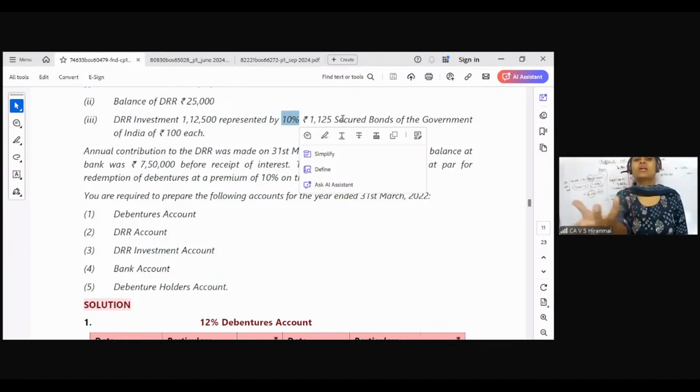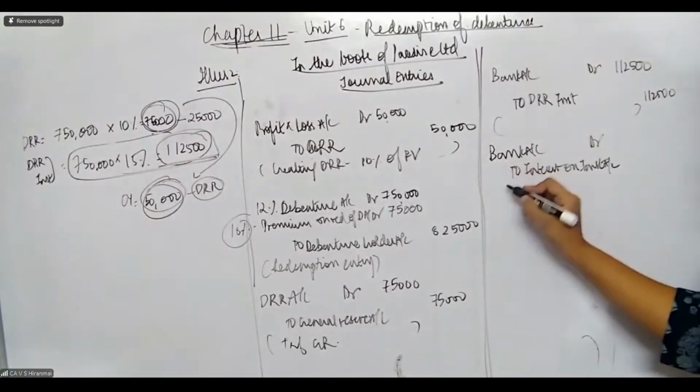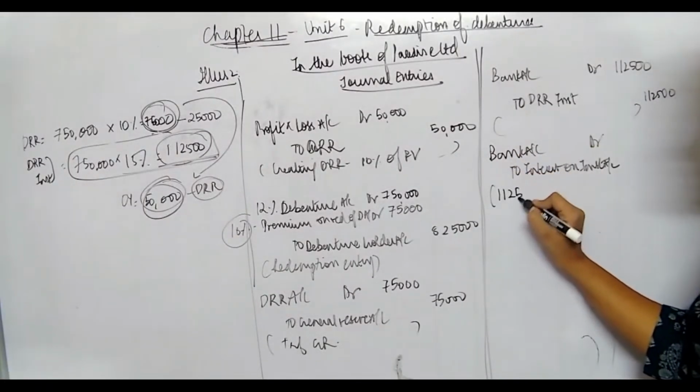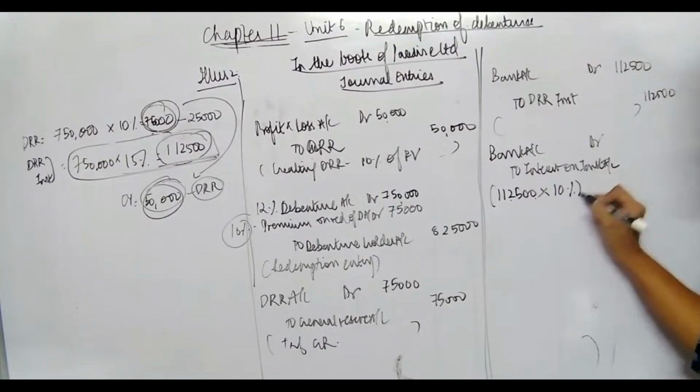How will you record? You will receive money. It is like your income. So bank account gets debited, and then you will be receiving interest on the investment. You should take it to the bank account directly. Madam, what is the interest? How should I calculate the interest, madam? Simple. 1,12,500, the actual face value, into 10%.